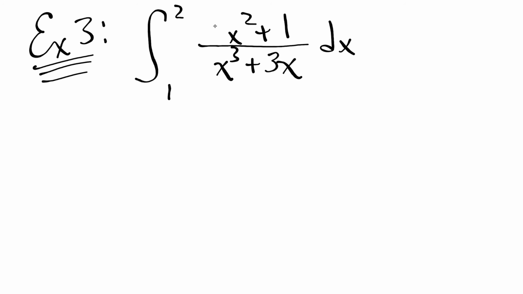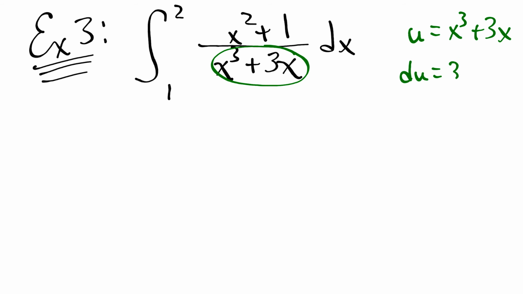Anytime the degree of your numerator is 1 less than the degree of your denominator, you start thinking, is this the u we're looking for? Maybe.